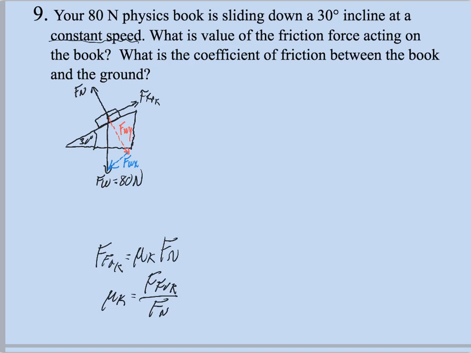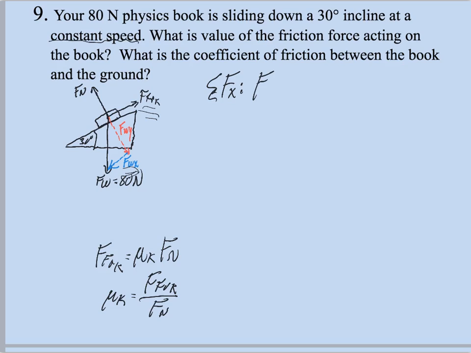So again, let's set out to sum our forces. We'll start with the x. Doesn't really matter which one you start with. Let's sum the forces along the x-axis. And what do we have? The friction force is going along the x-axis, and the x component of the weight vector is going along the x-axis. So I'm going to sum those.